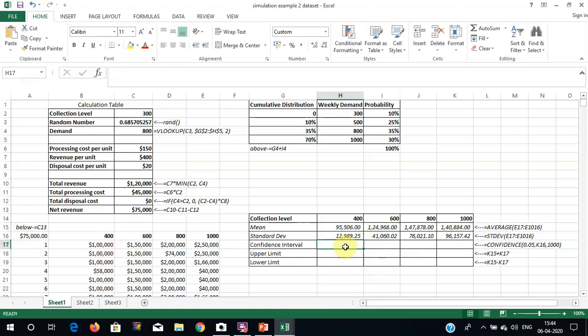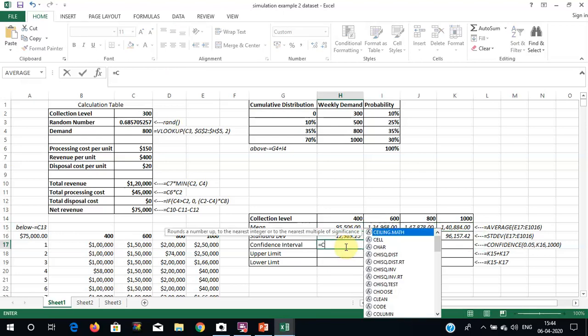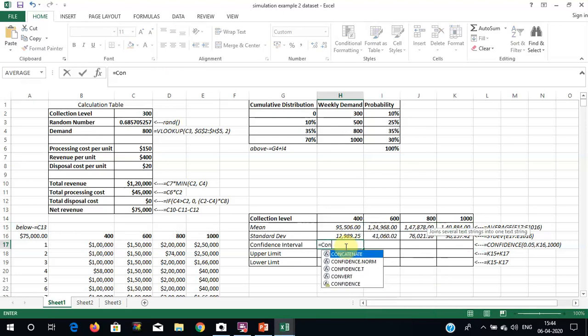Confidence. So for this alpha I'm taking 5%, so 0.05, and then I choose K16.